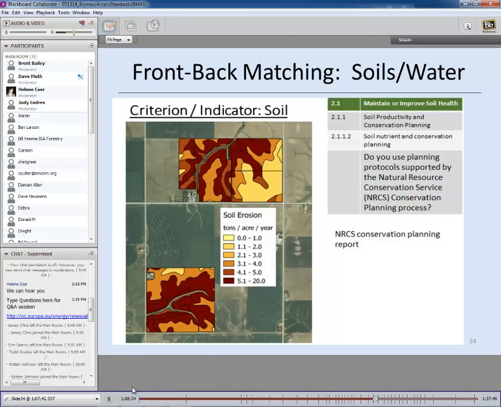What we see though is folks like ourselves and other folks out there can help streamline the process of moving some raw information about how a field is managed, coupled with a lot of publicly available data to create most of the components of an NRCS conservation planning report.